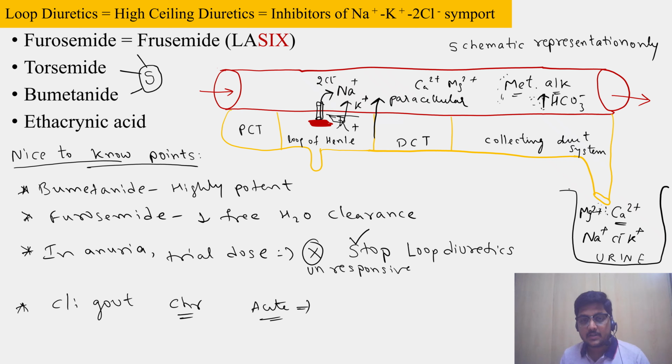In acute administration of loop diuretics, usually uric acid excretion will be increased. But during chronic administration, the uric acid excretion will be decreased. Okay, so when uric acid excretion is decreased, it keeps on increasing in the blood, so it causes hyperuricemia, but not up to painful episodes of gout.